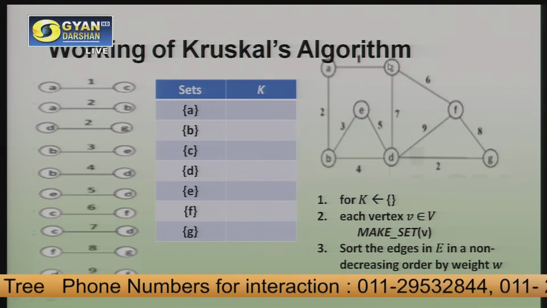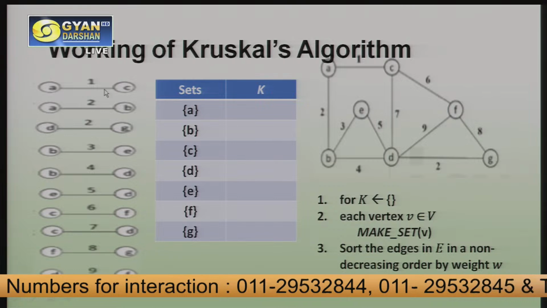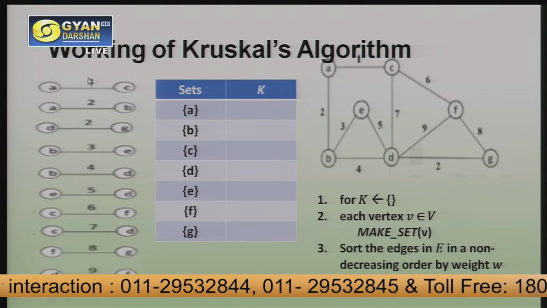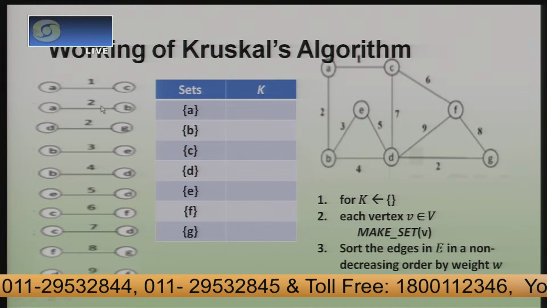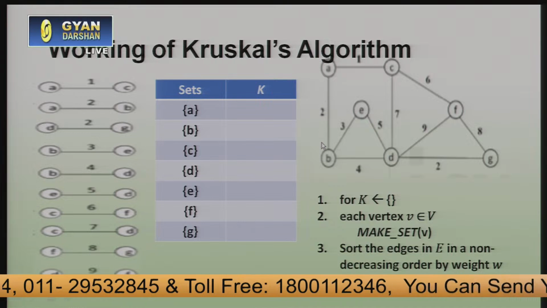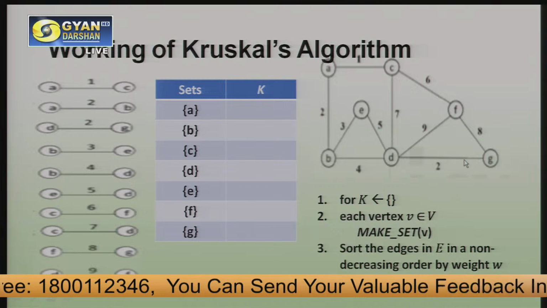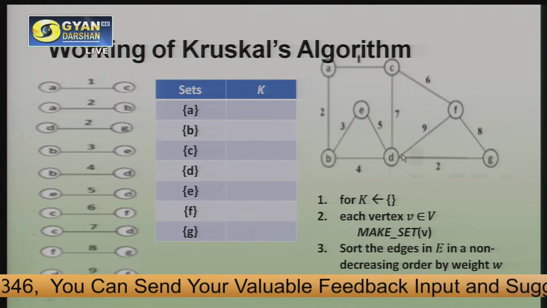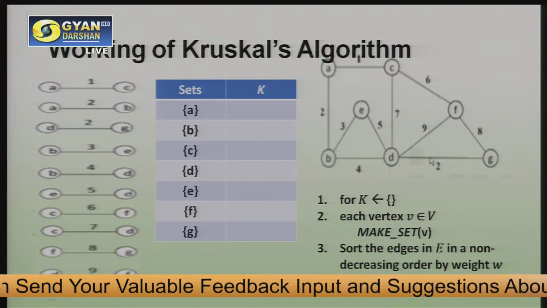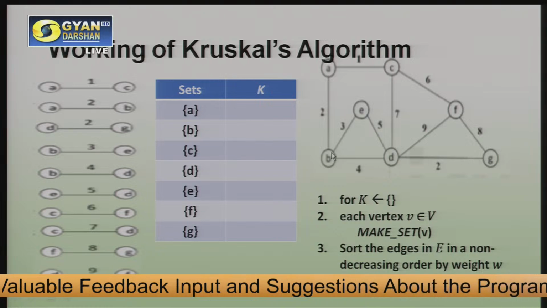What you can see, A to C was the minimum, so A to C, 1 is appearing at the top. Then A to B is next, that is 2. Then D to G is appearing next, and so on and so forth.